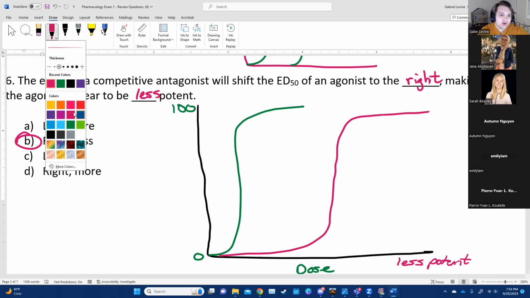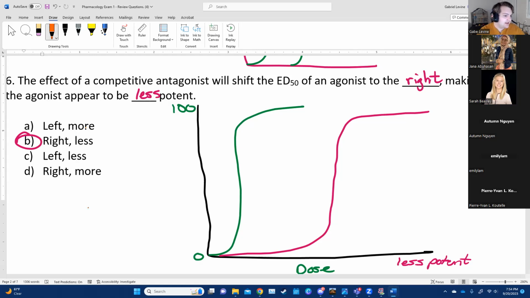What would the curve look like for a non-competitive antagonist? What would the curve look like if we had an agonist and a non-competitive antagonist? You'd have a partial response because the total number of receptors has gone down.